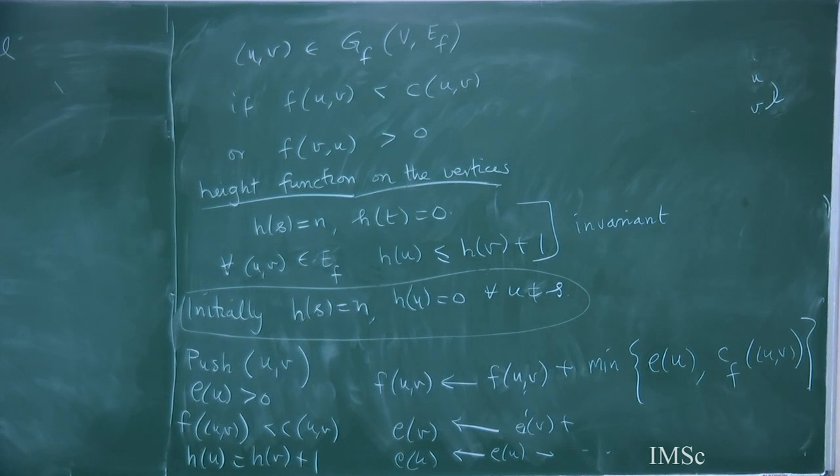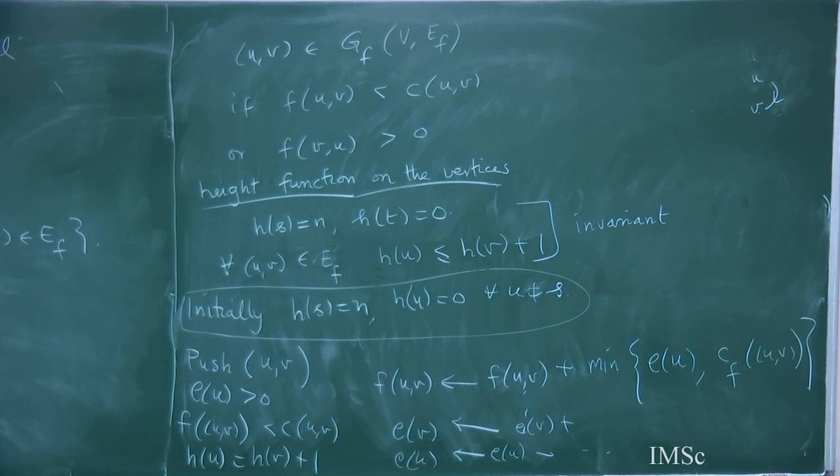So, what I will do is I am going to increase the height by 1 more. I may not be able to push again, so keep increasing it. Well, how much can I increase to? I am going to increase to the minimum of HV or 1 plus.